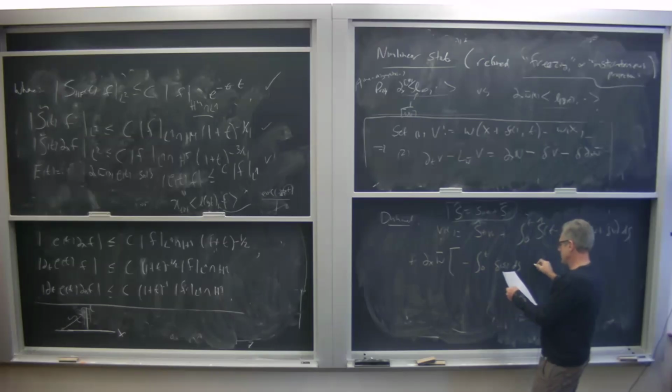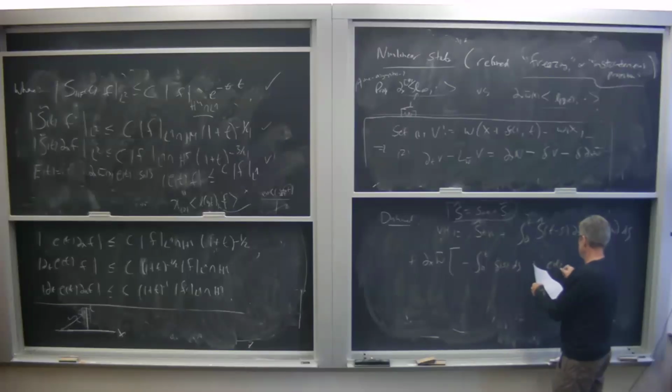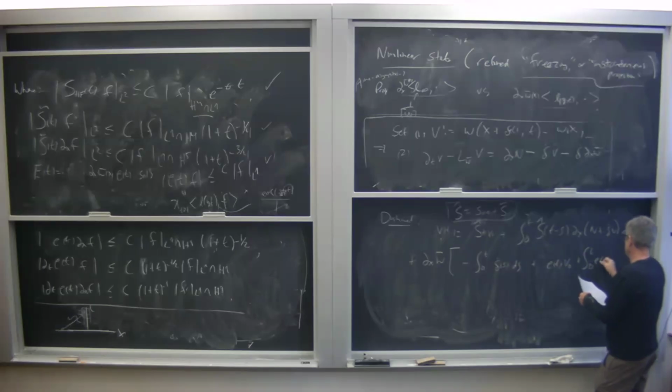Okay, and then now I get E of t applied to V naught plus integral from 0 to t of E of t minus s dx n plus delta dot V of s ds. Let's see, this was s ds, that's everything.